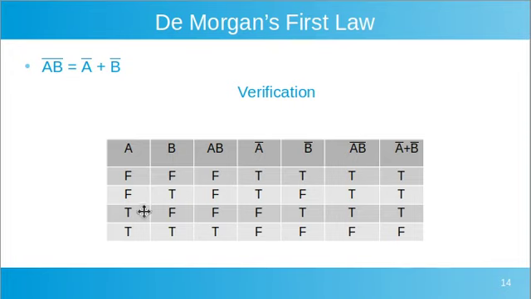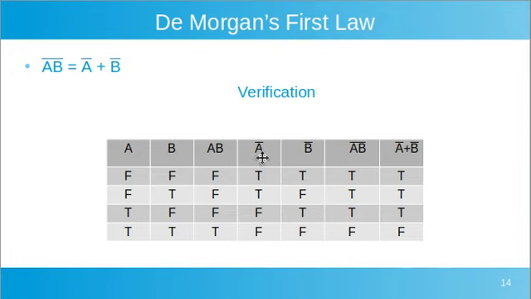These are the values of A and B, all possible combinations. The left hand side, AB, is A and B, that is false false false. If both of the input values are true, the output is true. So (AB) not, the left hand side, is the opposite of AB, that is true true true false. And for the right hand side, the opposite of A is true true false false, the opposite of B is true false true false.